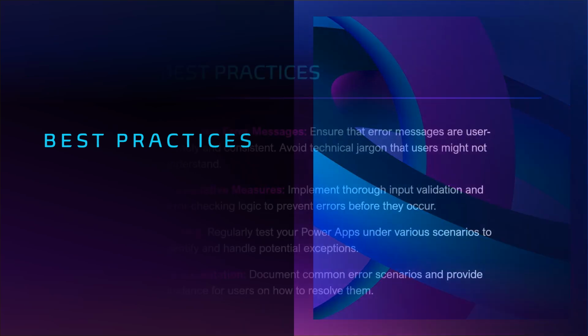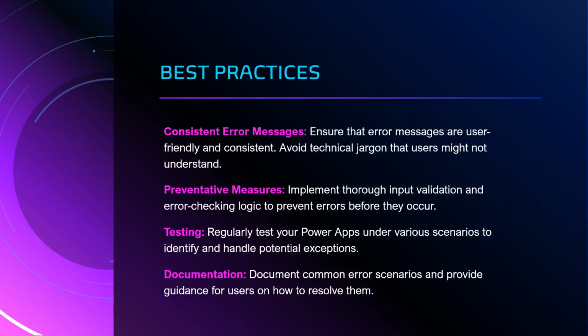Let's understand what the best practices are to handle errors or exceptions. Consistent error messages: ensure that error messages are user friendly and consistent, and please avoid technical jargon that users might not understand. Next one is preventive measures.